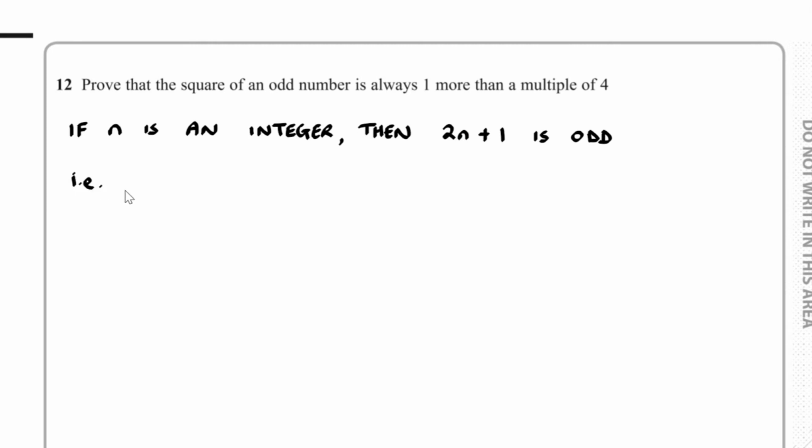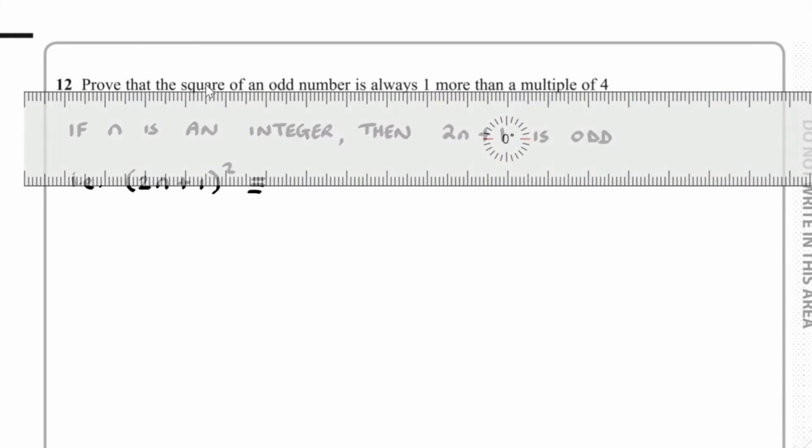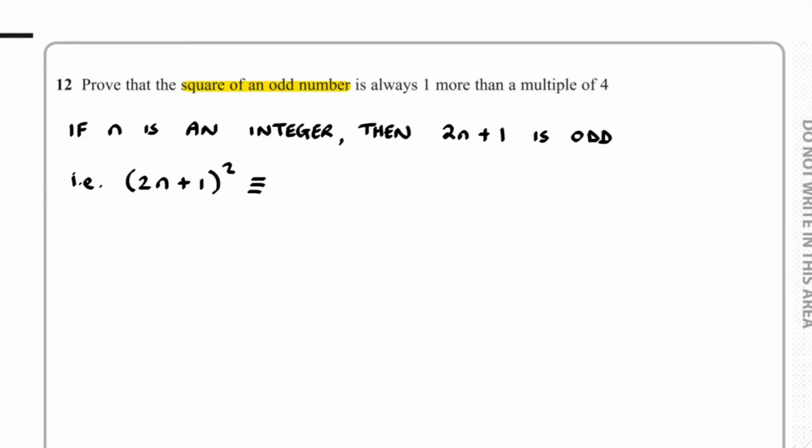And so that means that 2n plus 1 all squared is the square of an odd number, which is why we square like so.